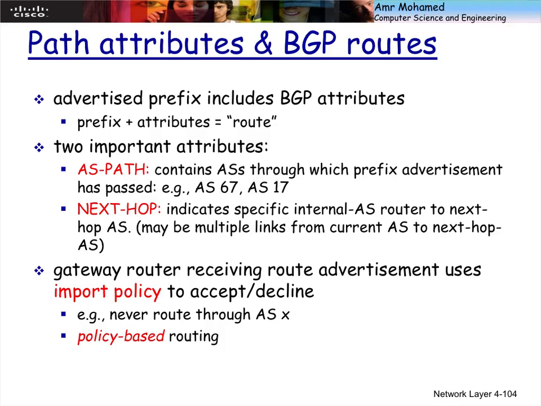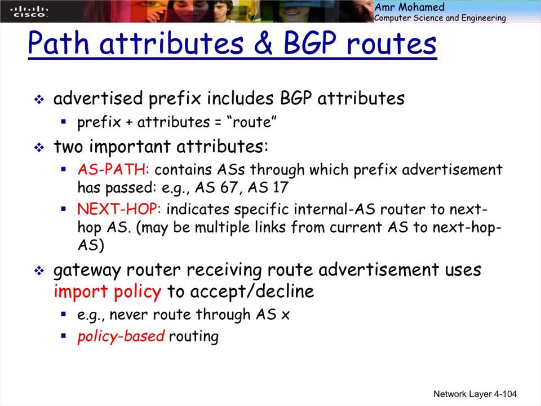These attributes could be the AS path. Remember, the AS path contains all the autonomous systems, not the final one, all the autonomous systems through which this prefix advertisement has passed.